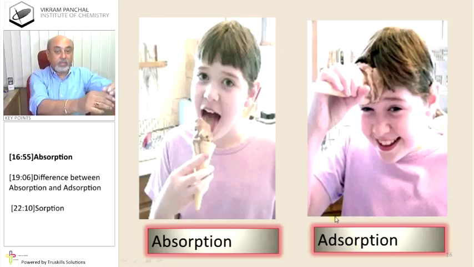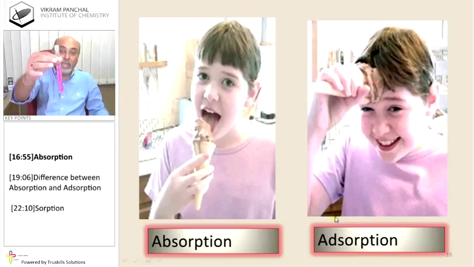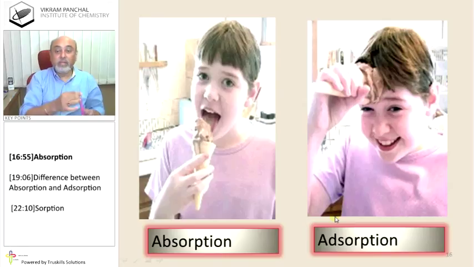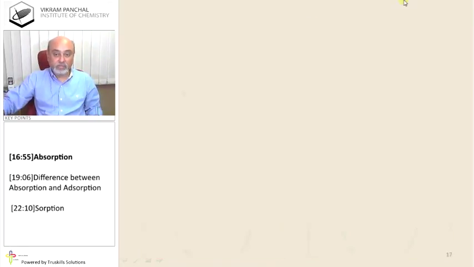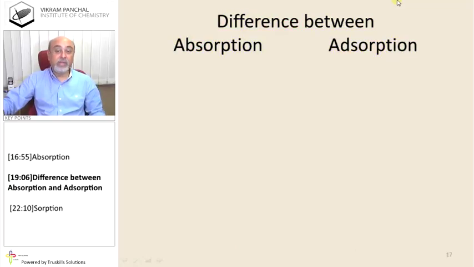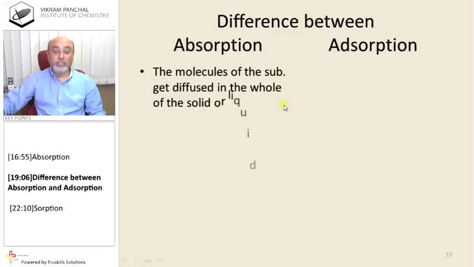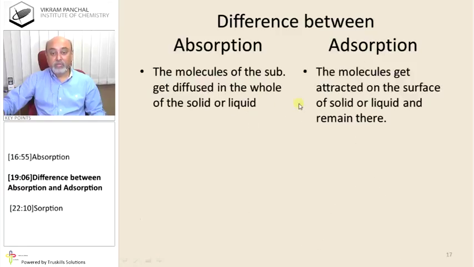When ink or a colored solution is added to plain water, the whole solution turns pink. It is called absorption. Difference between absorption and adsorption. When the molecules of the substance get diffused in the whole of the solid or liquid, it is known as absorption.